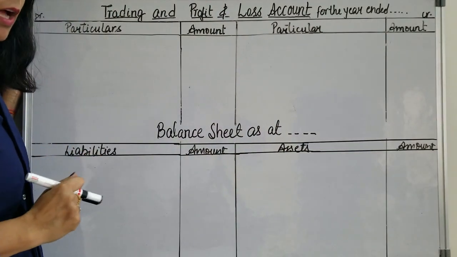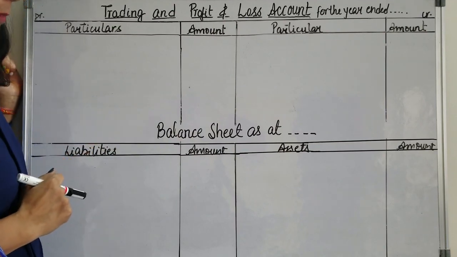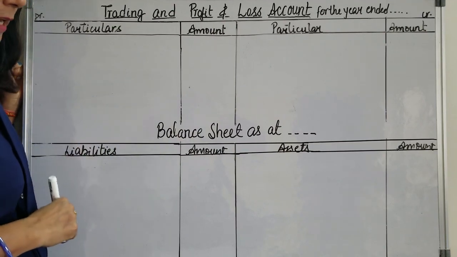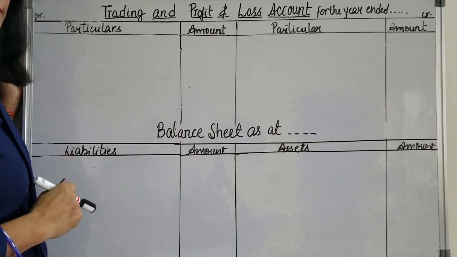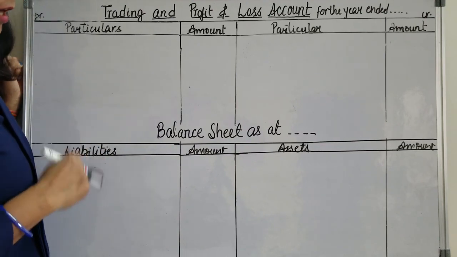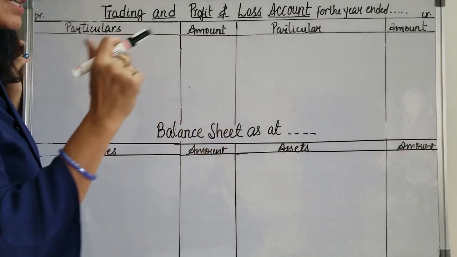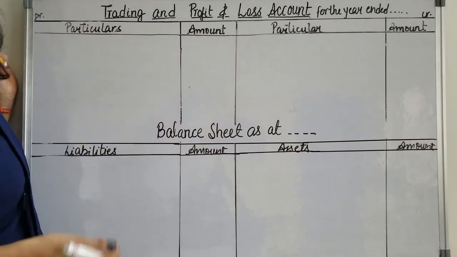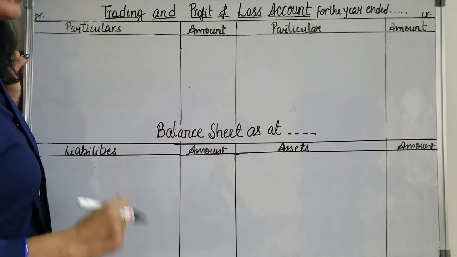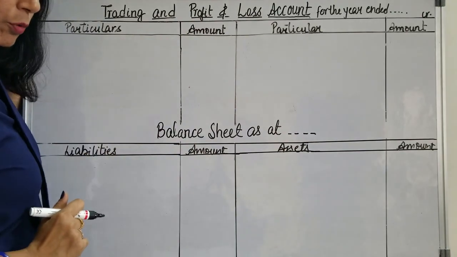Now suppose the amount of commission given on the credit side of the trial balance is rupees 15,000, and then in adjustments it is given that commission earned but not received is rupees 3,000. Now this commission which is given on the credit side of the trial balance is actually an income for the business, so it will be recorded on the credit side of profit and loss account, right?